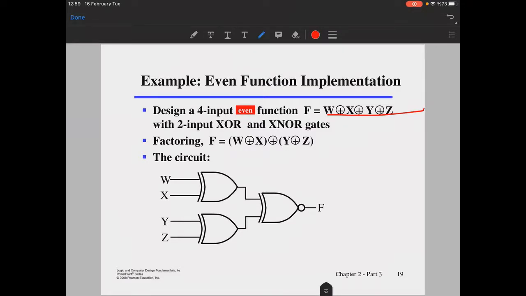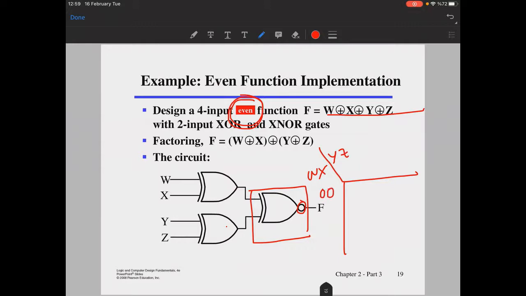Now we factor them again, and you have an XOR gate here. Since it is an even function, we just put a bubble here, and it becomes an XNOR gate just at the exit, just at the last part, and the corresponding truth table is, not surprisingly, something like this.